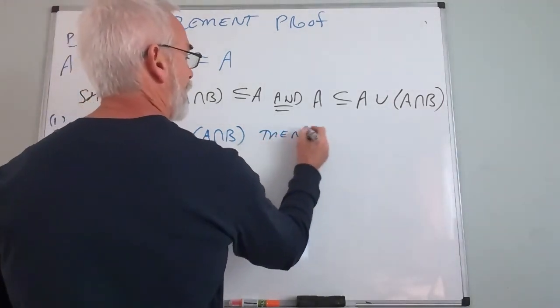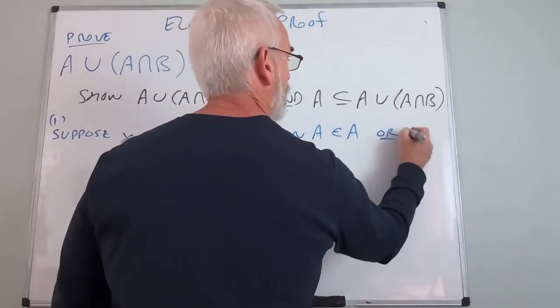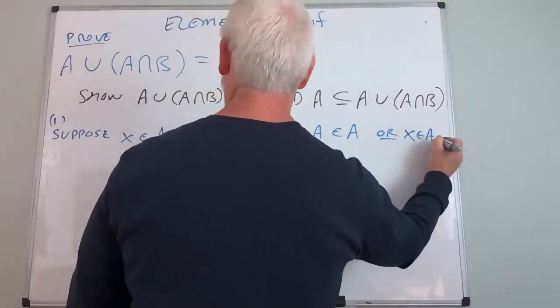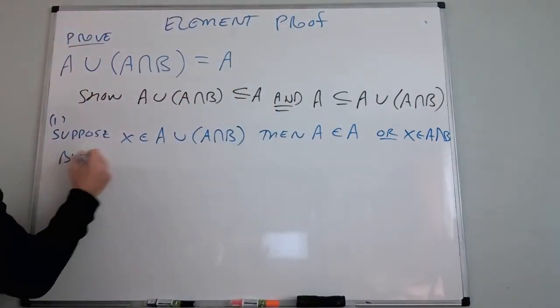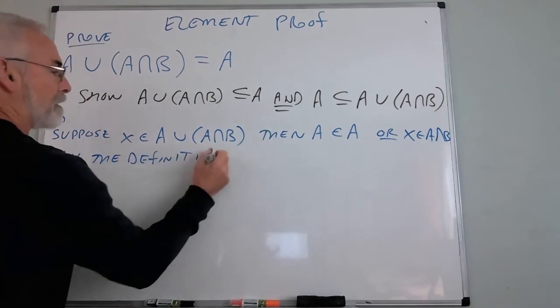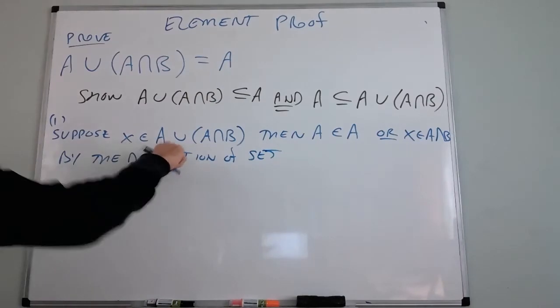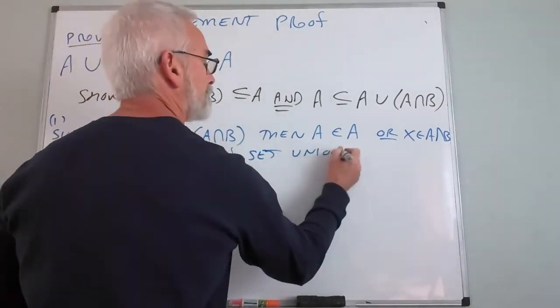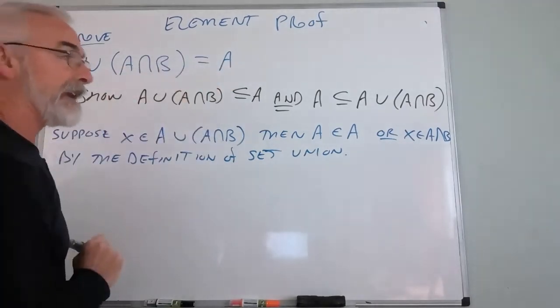Then X is an element of A, or X is an element of A intersect B, by the definition of set union. Okay, X is in A or X is in A intersect B. Now that doesn't guarantee that this is in A yet.